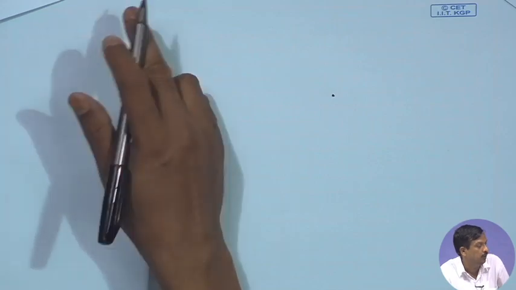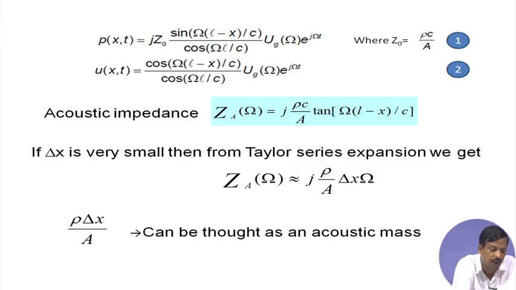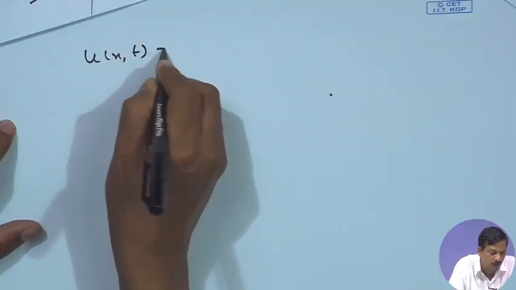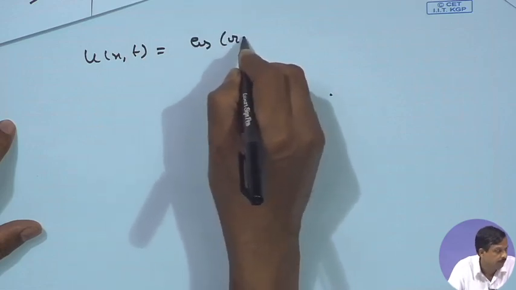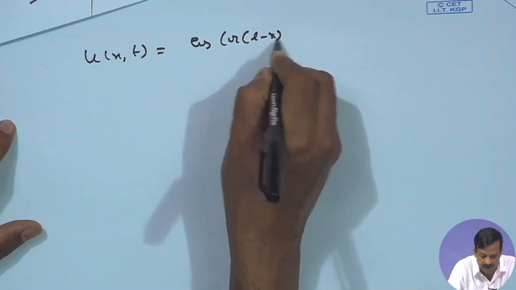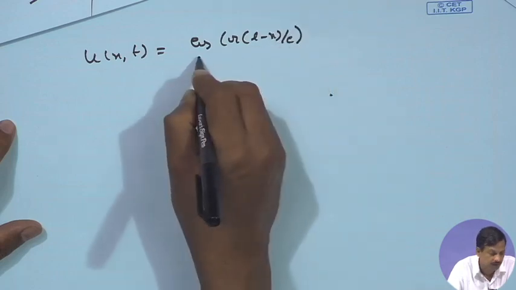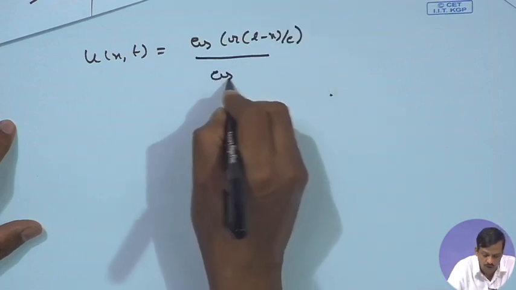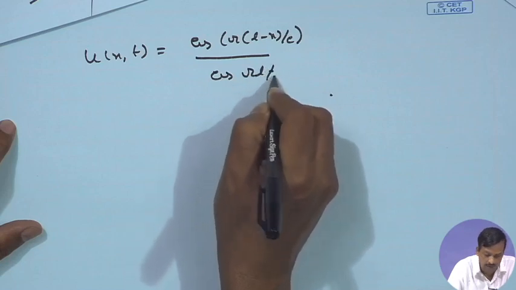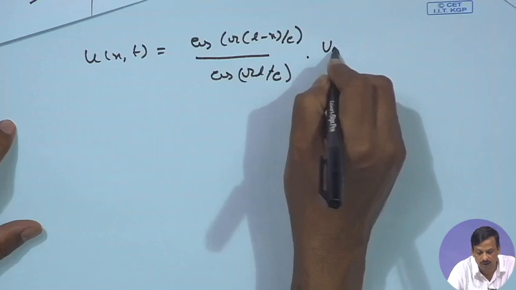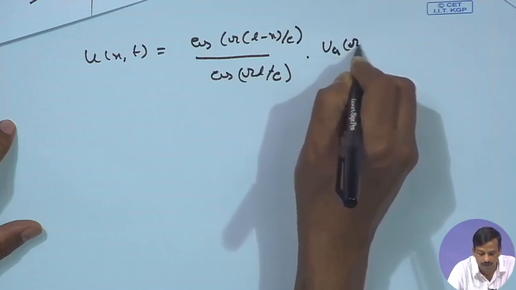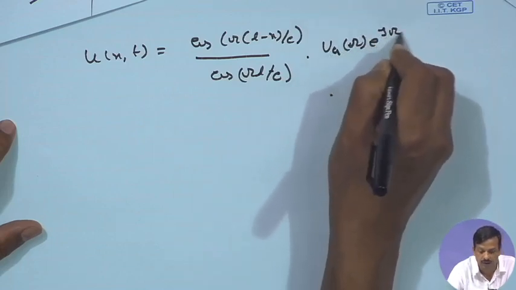If I simplify it, this is u x t. Ultimately, if I simplify it again, u x t will be in the form of cos omega (L minus x) by c divided by cos omega L by c, into u g omega e to the power j omega t.